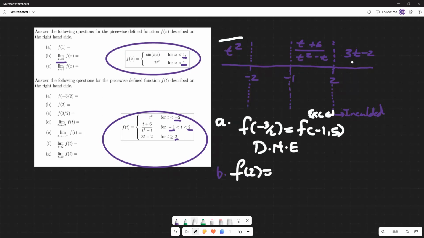We take whatever the positive side of 2 exists on, and then we substitute there. I can see that it exists on the right of 2, so it's 3 times 2 minus 2, which is basically 4.